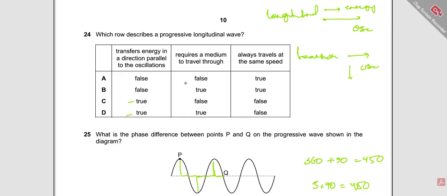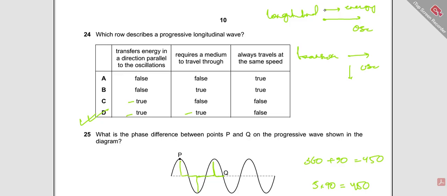That is true. It requires a medium to travel. Yes, because all the longitudinal waves, they are mechanical waves. They require a medium for their propagation. कुछ transverse waves भी हमारे पास mechanical हैं, like they also require a medium for propagation, like a water wave, like a wave in a rope or a slinky spring.